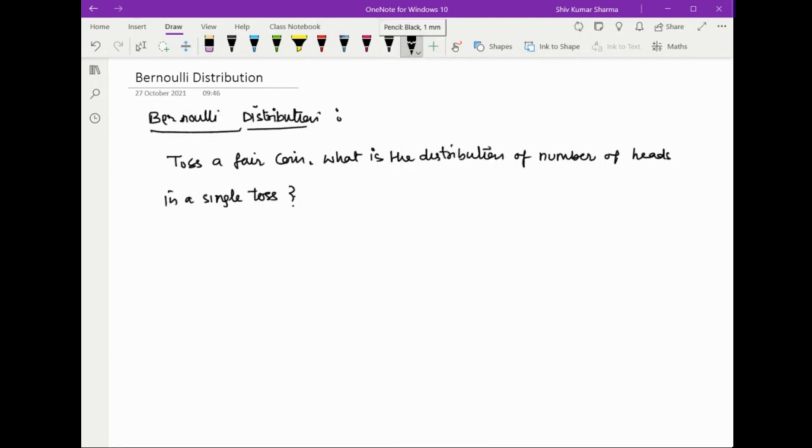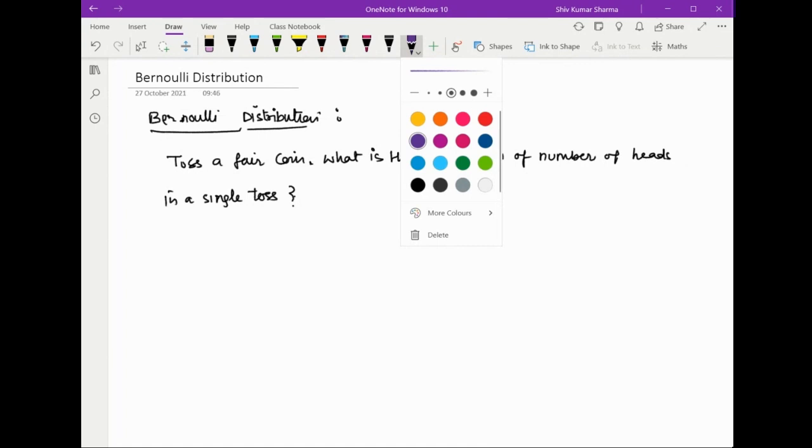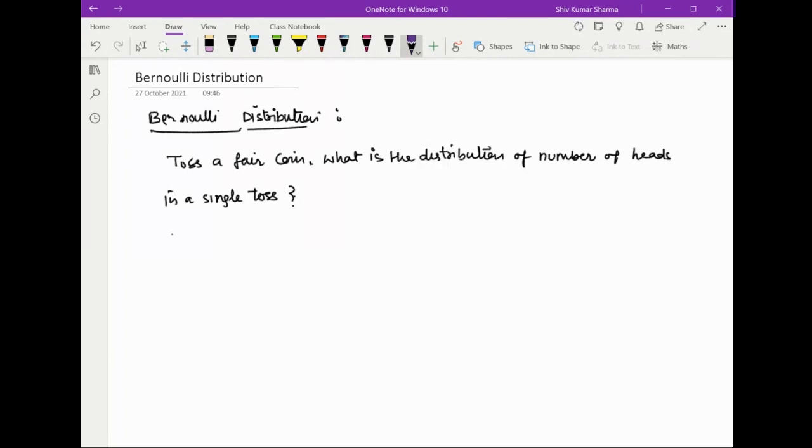So we can say that suppose we have a single trial. That means when we do a single trial, there are two possibilities.